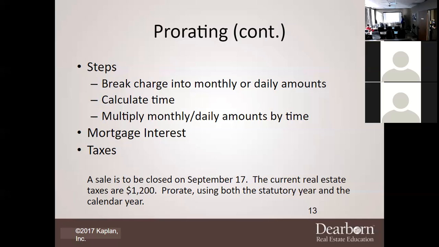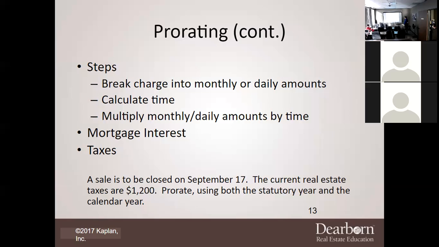Well, if they're $1,200, what's that come down to? 1,200 divided by 12 is $100. And Aiden had it till September 17th. How many full months did Aiden have it for, though? 8. So 8 times what? 8 times 100 is $800.